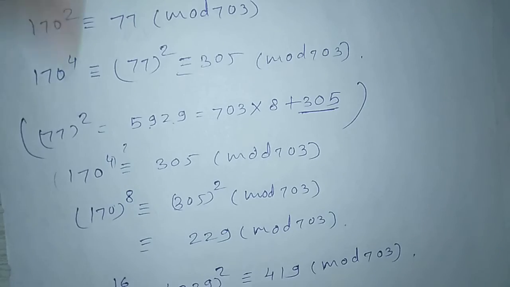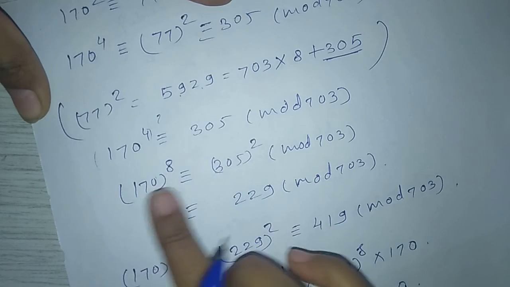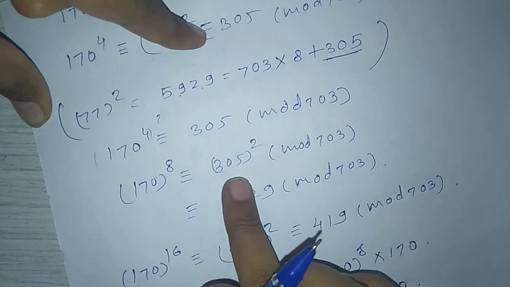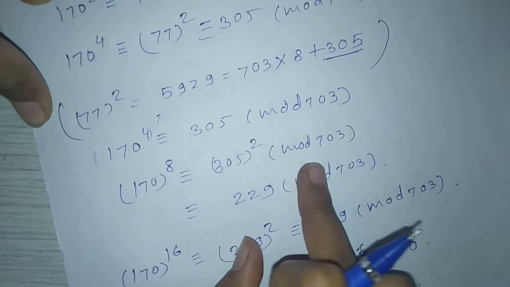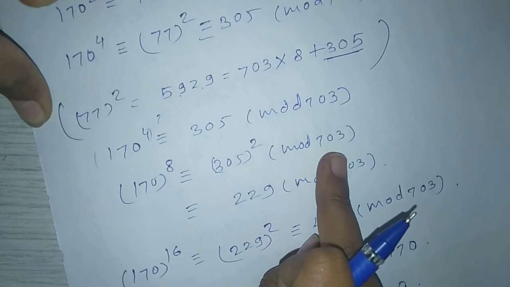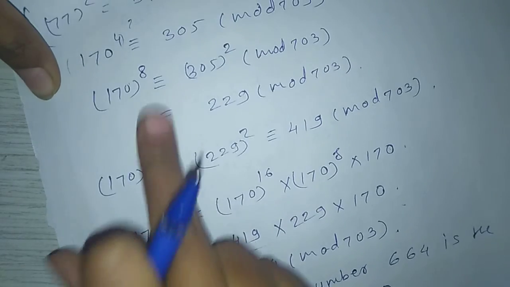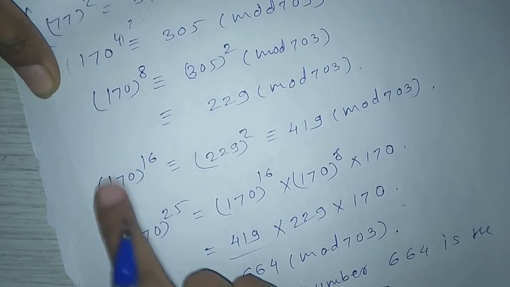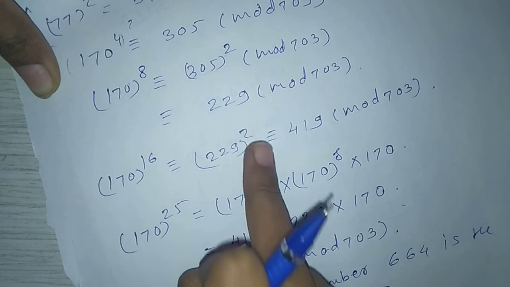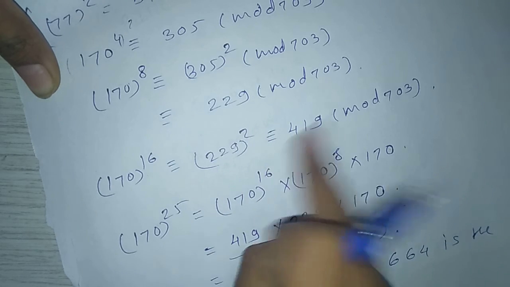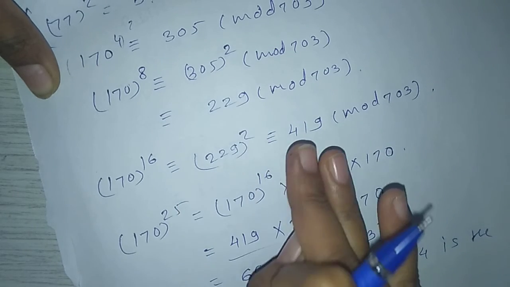Again we take the square on both sides. We get 170 raised to 8 is congruent to 305 square modulo 703. Under modulo 703 this integer is 229. Again we take the square, we get 170 raised to 16 is congruent to 229 squared. Under modulo 703 this integer is 419.